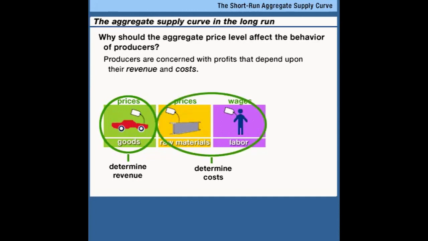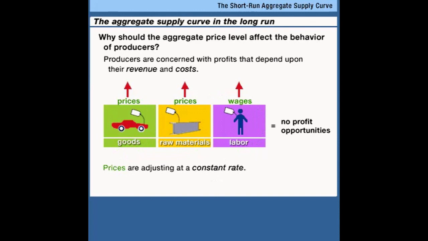If wages go up and input prices rise, and your input quantities remain constant, then your costs are going to go up. And if revenues and costs are going up at the same rate, then your real profit isn't changed at all. And if your profit opportunities remain unchanged, then why would the firm change its behavior? Why would it increase or decrease its output?